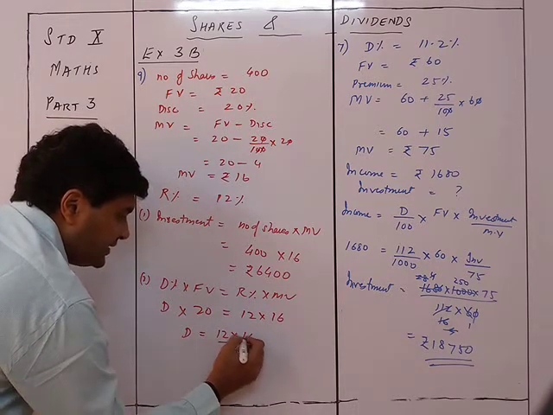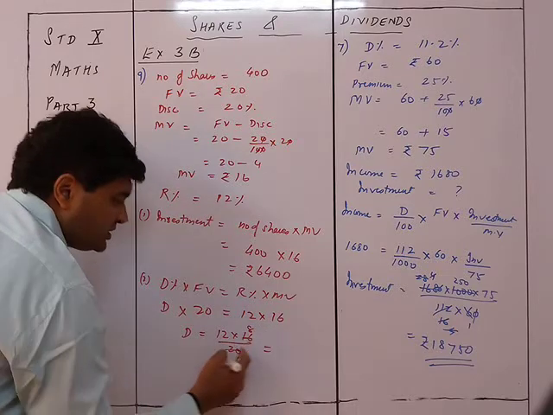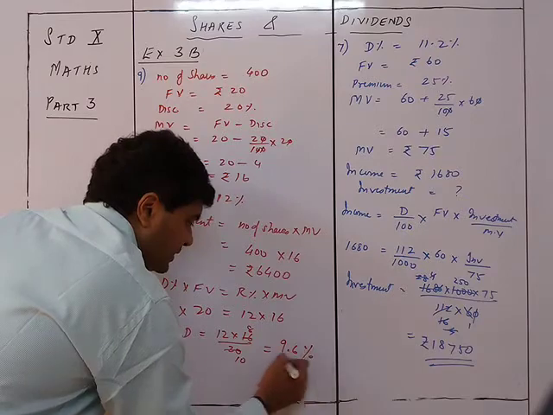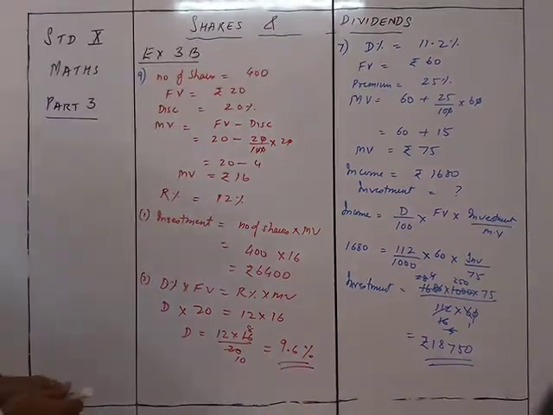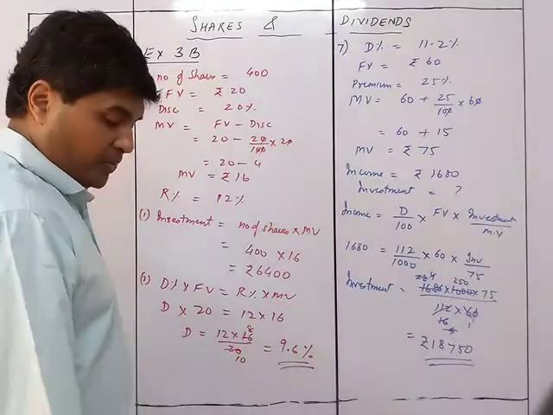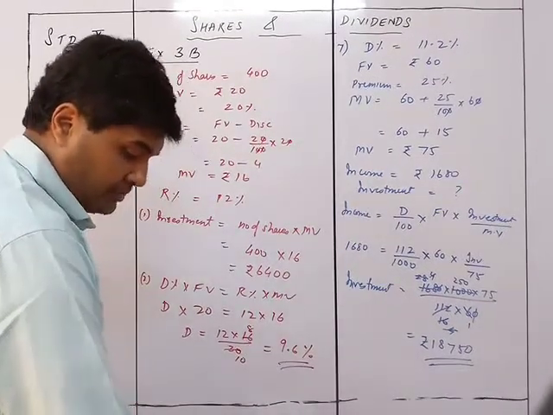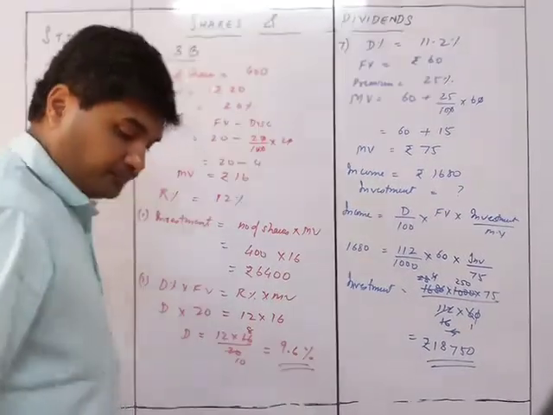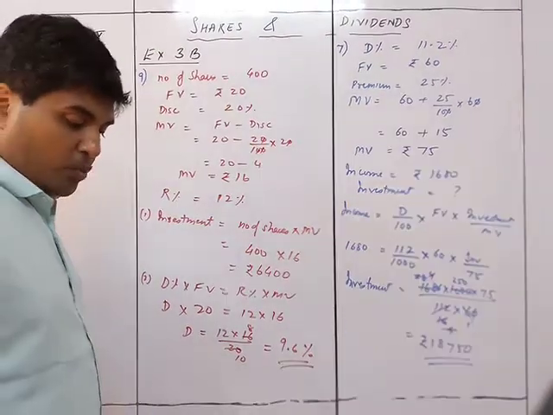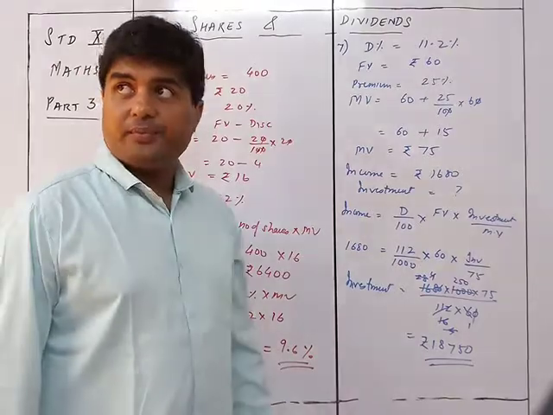So it's 10 and this is 8. So this is 12 8s are 96, 9.6% is the dividend percent. So dividend percent is 9.6 and the investment was 6,400 for sum number 9. Got it? Clear? We now move on to sum number 11.